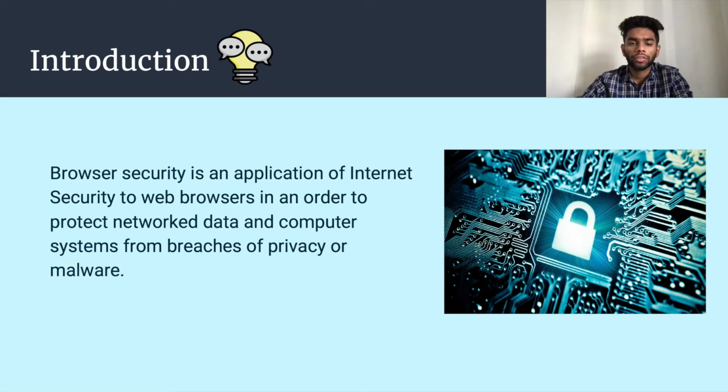So coming to the introduction point, browser security is an application of internet security to web browsers in order to protect network data and computer systems from breaches of privacy or malware. A web browser's function starts with a user entering the desired URL, which stands for Uniform Resource Locator, in the address bar of the browser.